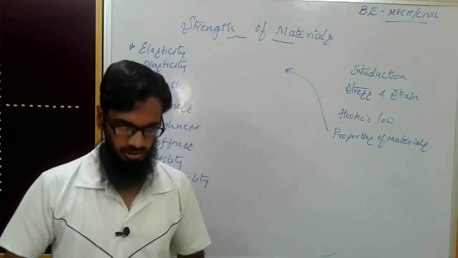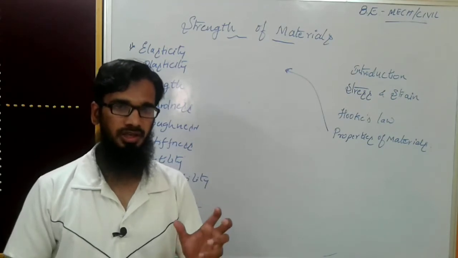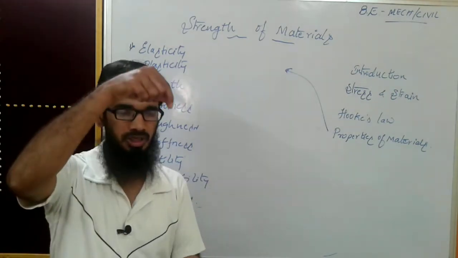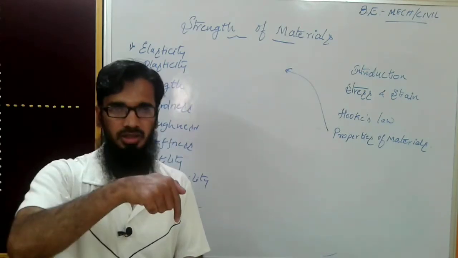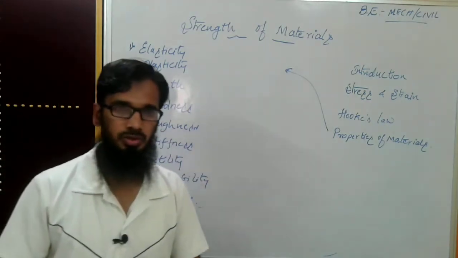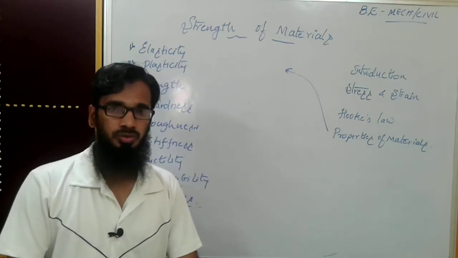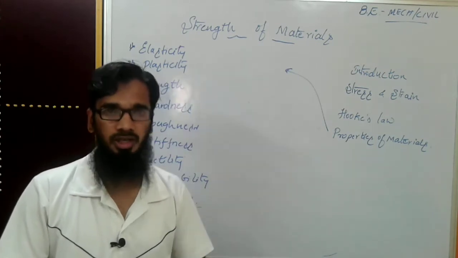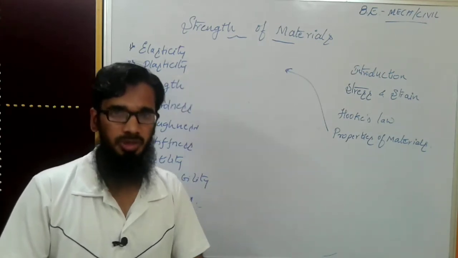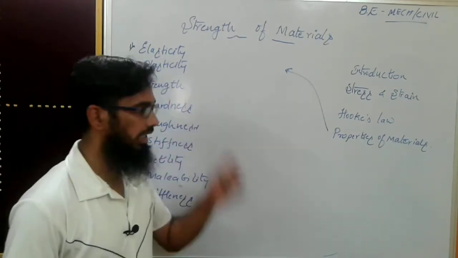If you take one more thing like an iron ball and apply the same indentation or penetration, it doesn't allow it inside. So when you apply load, either in the form of penetration or indentation, it depends on the material.